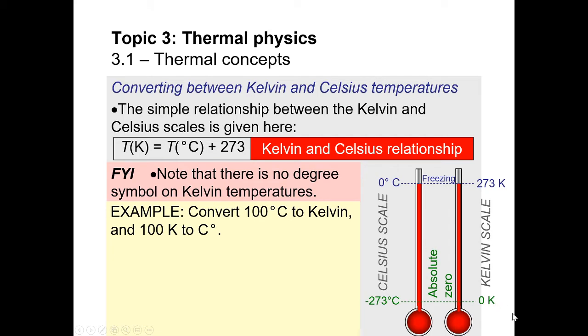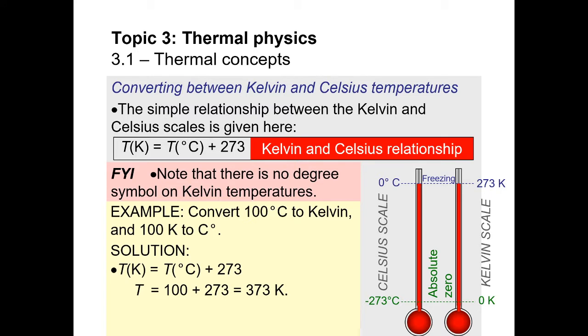And then you can convert however you like. So if we have 100 Celsius, we add 273 and we get the temperature in Kelvin. So 100 Celsius is 373 Kelvin. If we have 100 Kelvin, that would go here. We would subtract 273 from that and we would get minus 173 degrees Celsius.